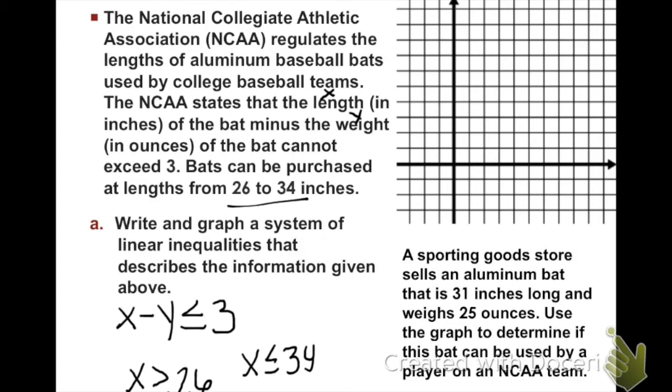So if we come here and we graph this, we're going to count each of these blocks by 5. Each one of these is 5. So first, let's do the 26 and 34. 5, 10, 15, 20, 25 is here. So the 26 line would come right around here.